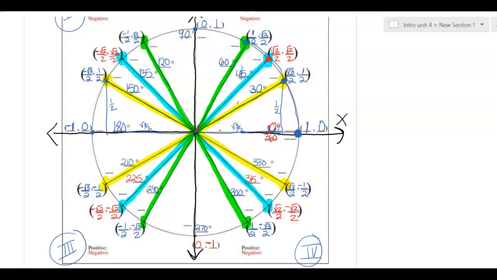What you do is you learn these ones really well, and then you just understand how to get the other ones. That's how people memorize this. They don't try to memorize like 20, 30, 40, 50 pieces of information randomly, okay? They try to memorize a few pieces and understand how it would go around the whole circle. That's a tip for those of you that do have to take a trig or a pre-calc or a business calculus or something like that in your future, where you will have to know some of this, okay?